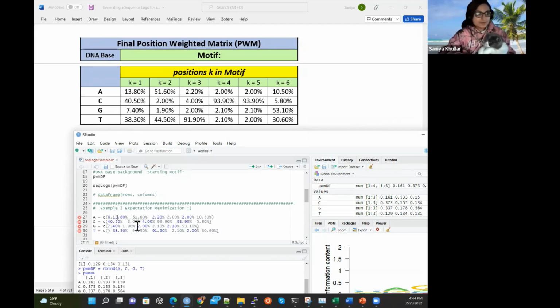So this will be 0.3180. I'm just converting them to decimal places really quickly. This would be 0.5160, and comma, 0.0220. Just make sure you convert them as needed. 0.02 is 2%.